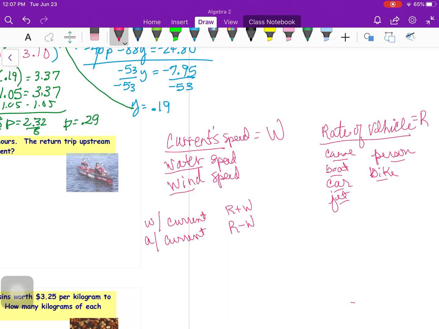Another name for with the current, like with the wind, against the wind. If it's water, with the water would be, excuse me, downstream. Against the water would be upstream.